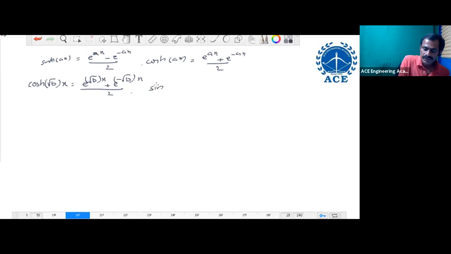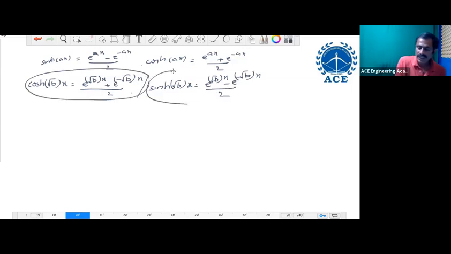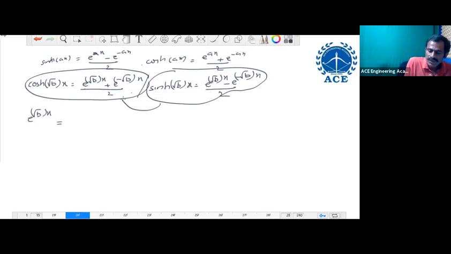Next, sin h root b x equals e power root b x minus e power minus root b x divided by 2. This is cos hyperbolic, this is sin hyperbolic. If I add these two, the negative power terms get cancelled and we only get the positive power terms, e power root b x by 2 here and e power root b x by 2 there. Finally, we get 2 times by 2, the 2 gets cancelled. E power root b x equals cos h plus sin h.